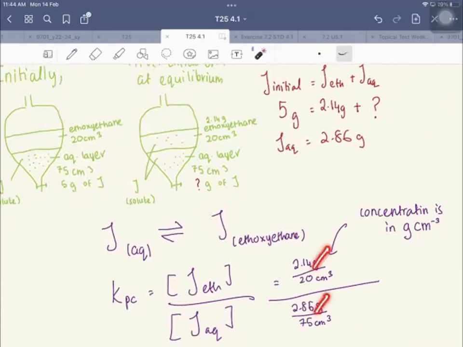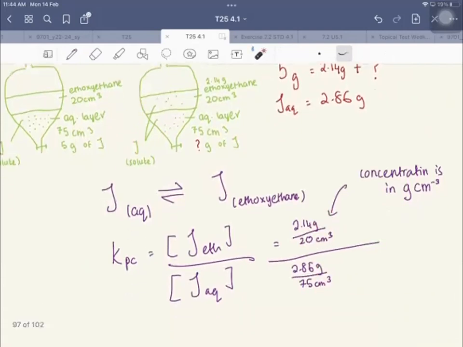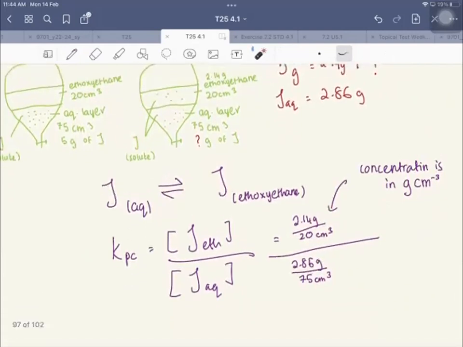The grams will cancel out with each other, and the volume cm cube will also cancel out with each other. Okay, so can you please tell me the answer to that once you get it?